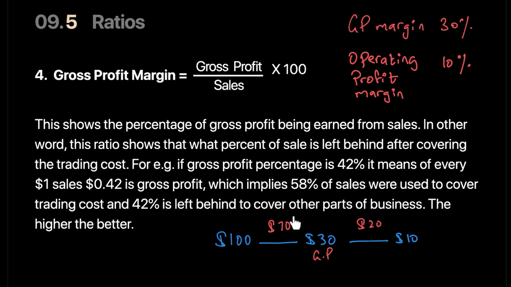So I know this money went on your trading goods or the cost of buying goods, and this money went on operating expenses. So many times we can see firms where, let's say there's a firm, it has a higher gross profit margin but a lower operating profit margin, which means that they will have little control of these overheads.